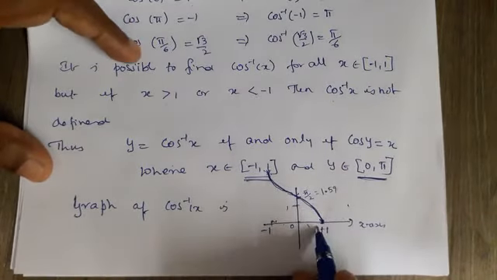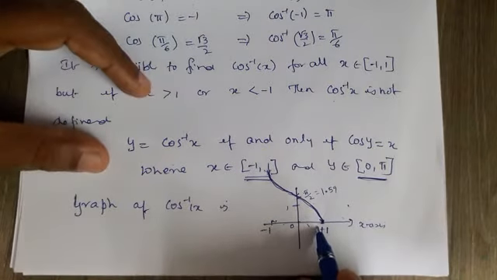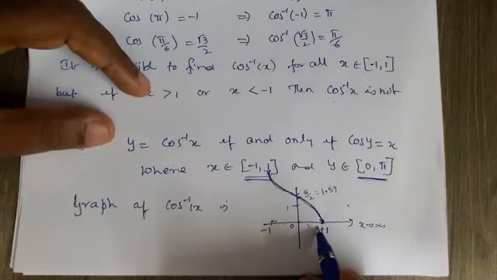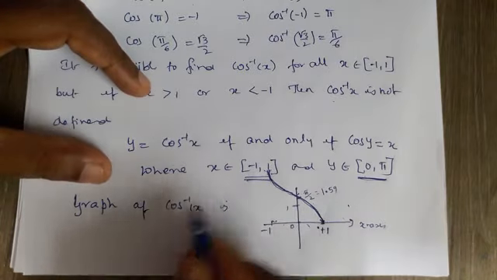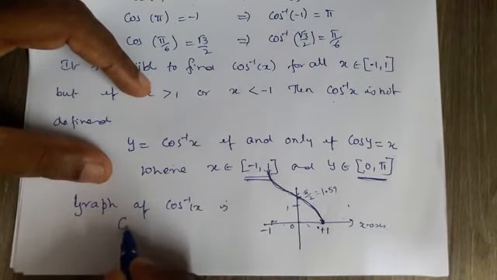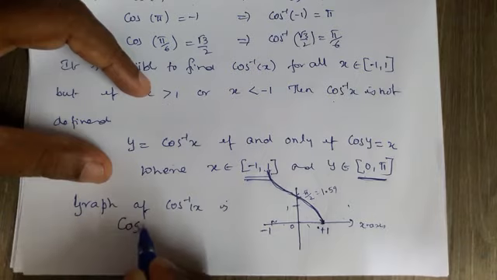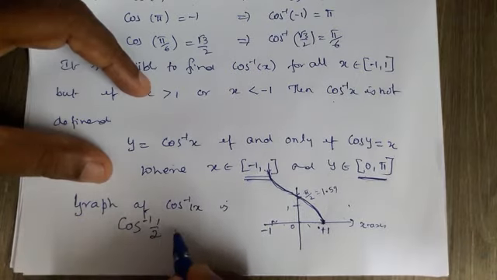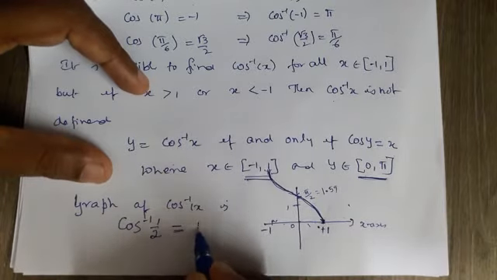And remember, to find the inverse of a function, you can use a trick to get the value. If I asked you to write the value of cos inverse of 1 by 2, you can tell the answer easily, which is equal to pi by 3.